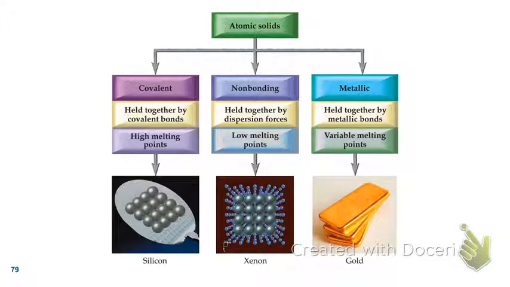The whole solid is one molecule. The atoms are actually bonded to each other. Silicon is an example of this. Diamonds are an example of this. Those are going to have high melting points. We can also have metallic atomic solids where the atoms are held together by metallic bonds, and those can vary considerably in strength.